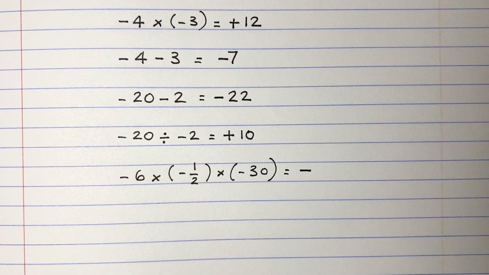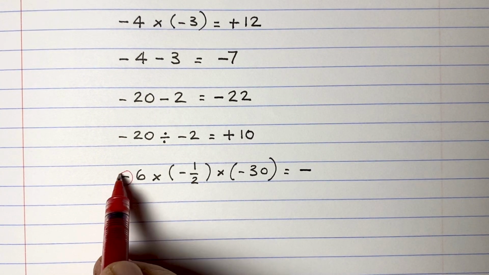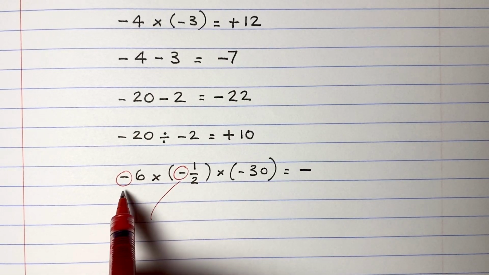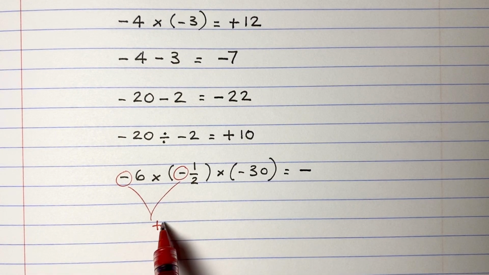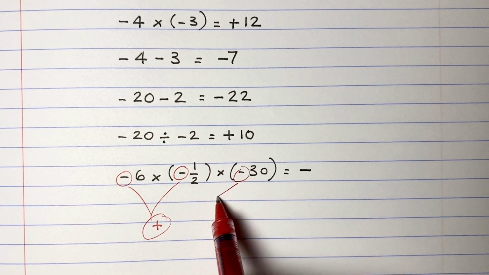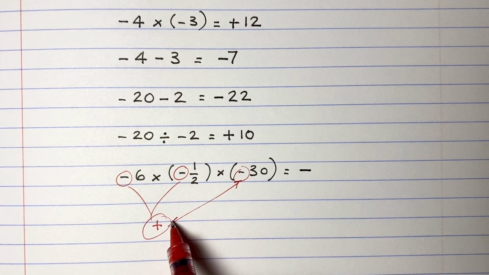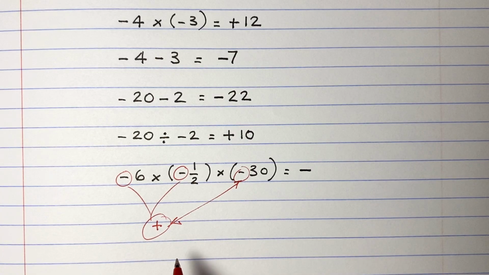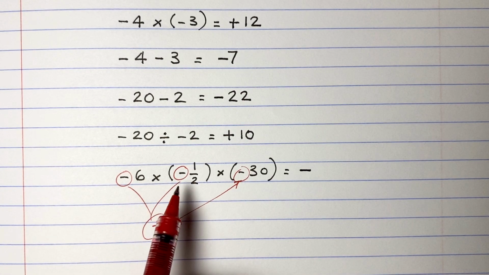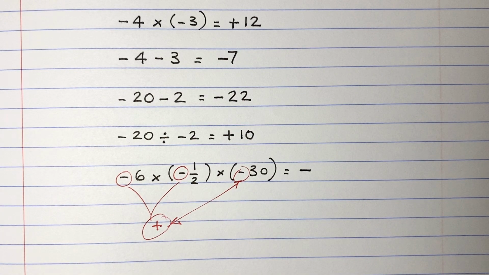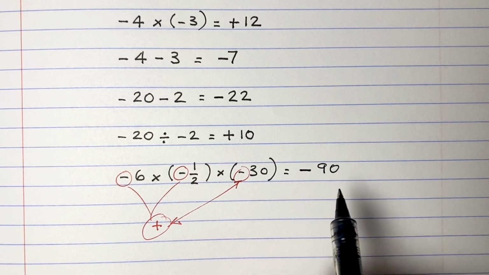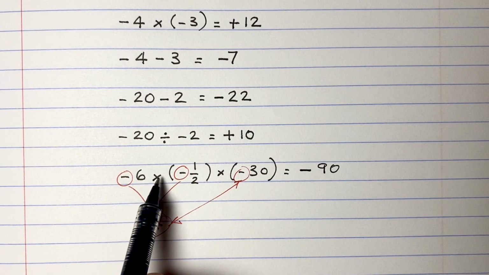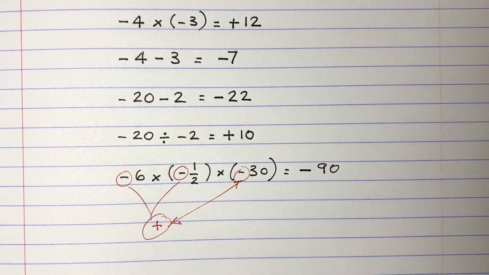Let me try again. You got negative times a negative. These two makes positive because you're timesing them. And this positive and that negative comes together, creates negative. Then 6 times half, half of 6 is 3, and 3 times 30 is 90. We multiply the digits because the question tells me to.